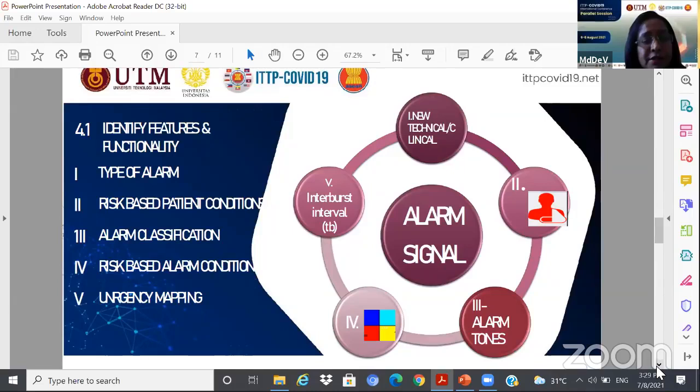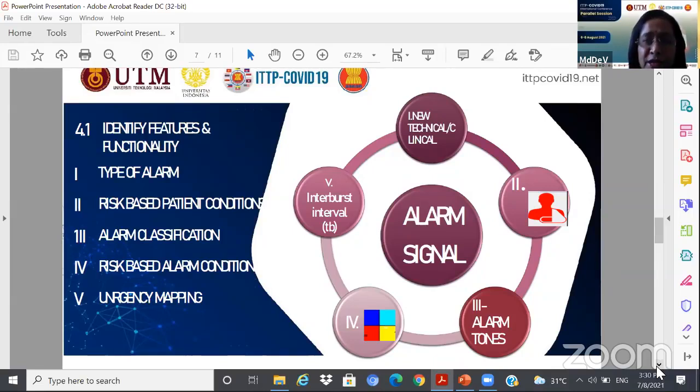So the next slide is on the, after identifying the features and the functionality, the details of the information in the alarm information system. One is on the type of alarm, which means when the audio signal will signify whether it is a technical alarm, meaning a technical fault in the alarm system, and second is on the clinical alarms.